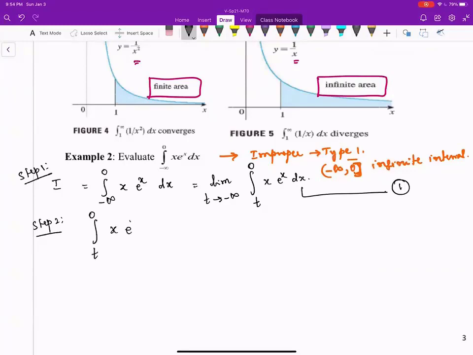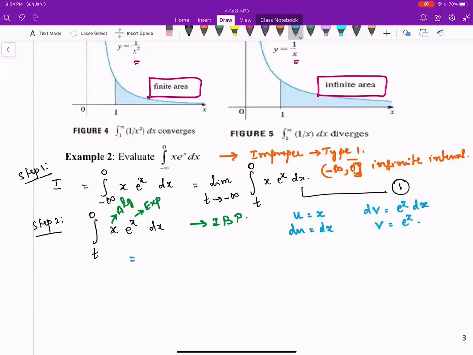So it is x e to the x dx, a combination of algebraic and exponential, so you're going to apply integration by parts. u equal to x and dv equal to e to the x dx. So du is dx, and v is the integral of e to the x, which is e to the x. So it is uv minus the integral of v du.